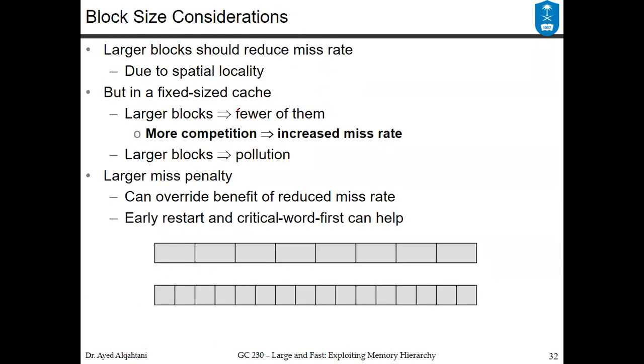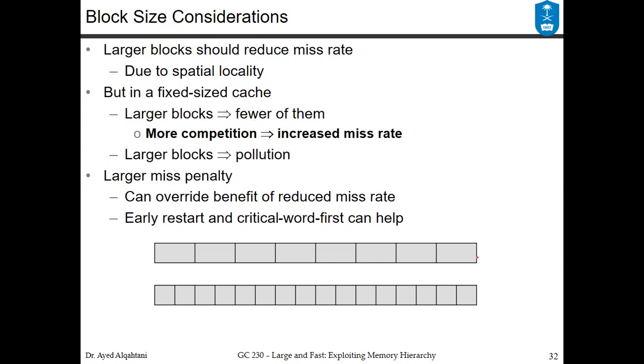Now, here is some block size consideration. Larger blocks should reduce the miss rate, and this is due to the spatial locality that we mentioned at the beginning of the chapter. But in a fixed size cache, if you have larger blocks, this means that you have fewer of them.